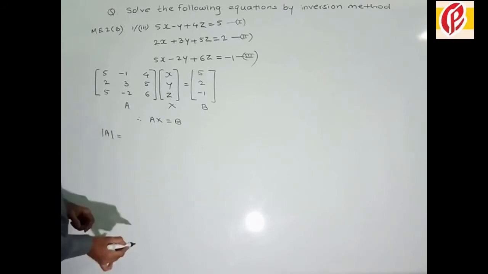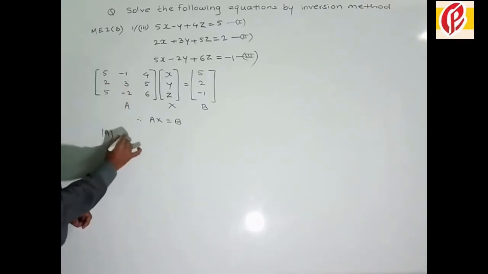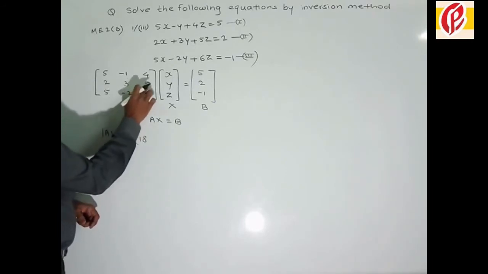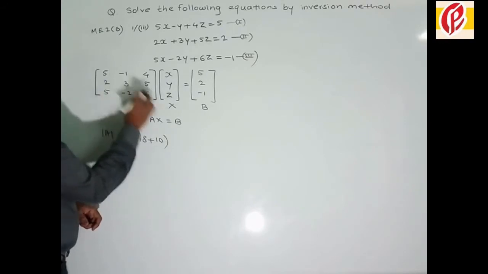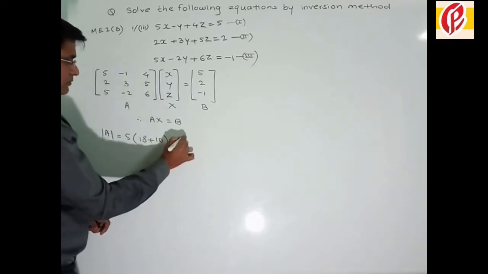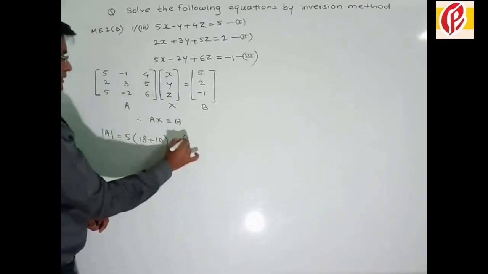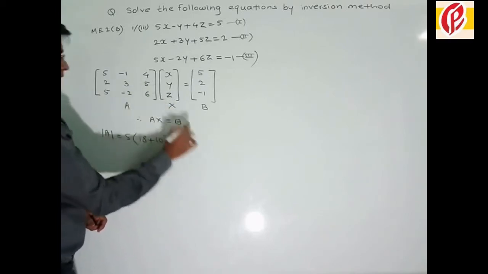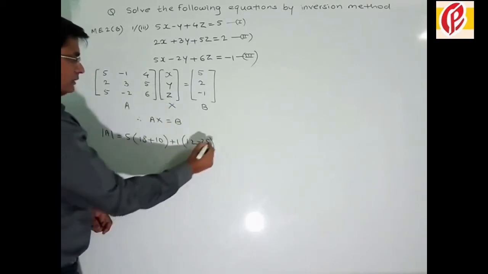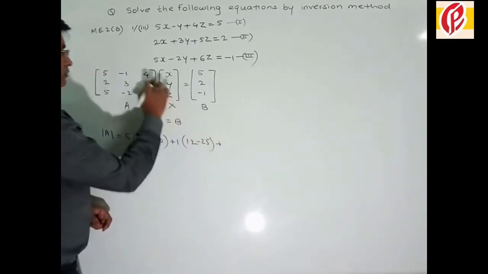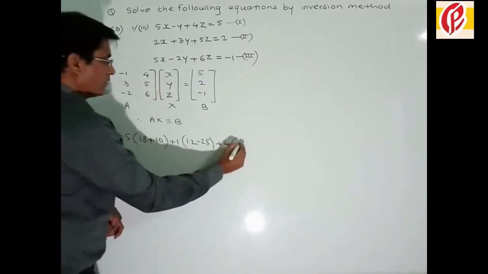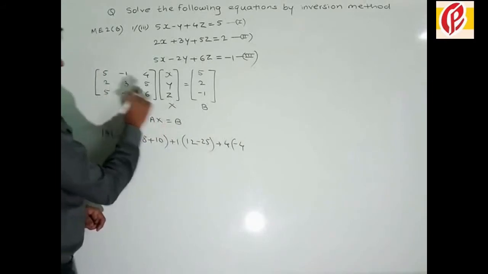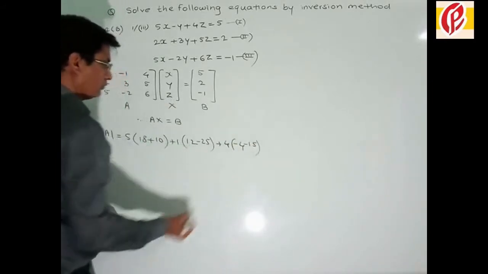So determinant of A is equal to 5 into 3 6 are 18, minus 2 into 5, minus 10, minus minus plus 10, then minus 1, into 2 6 are 12, 5 5 are 25, minus 25, then here is plus 4 into minus 2 into 2, minus 4, 5 3s are 15, minus 15.